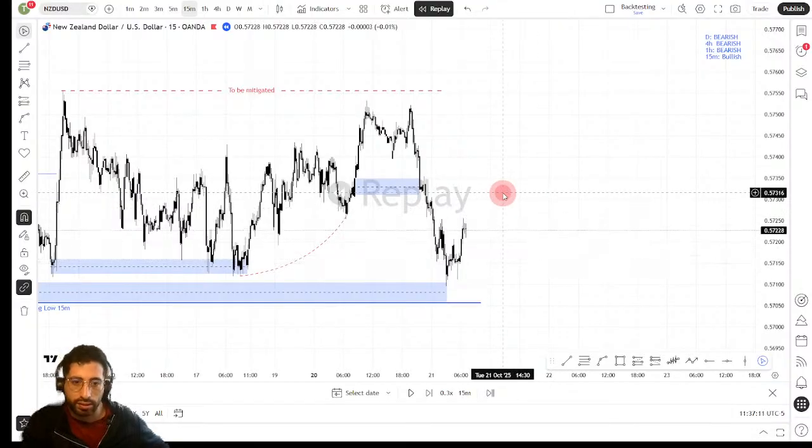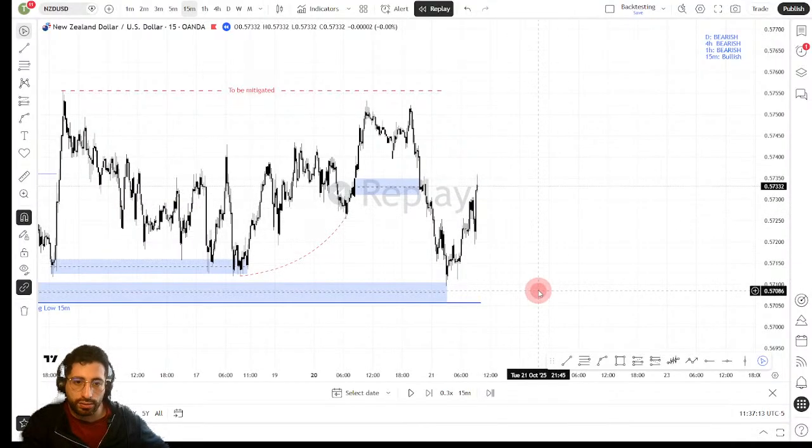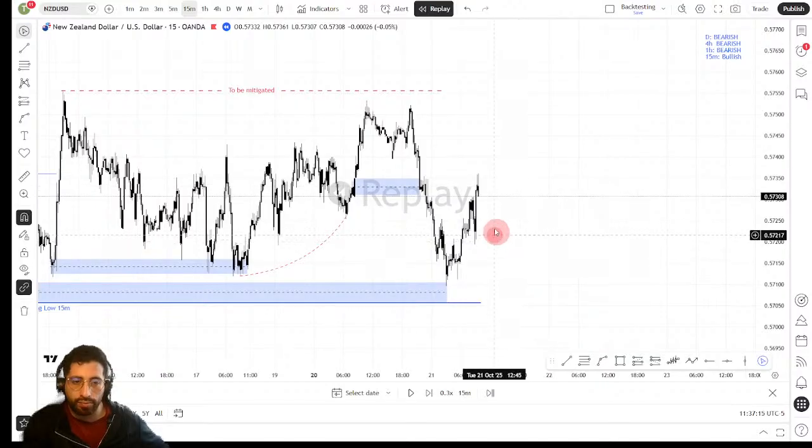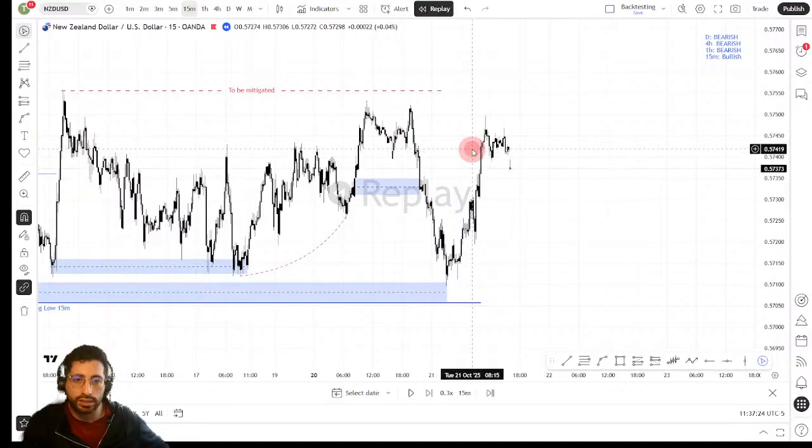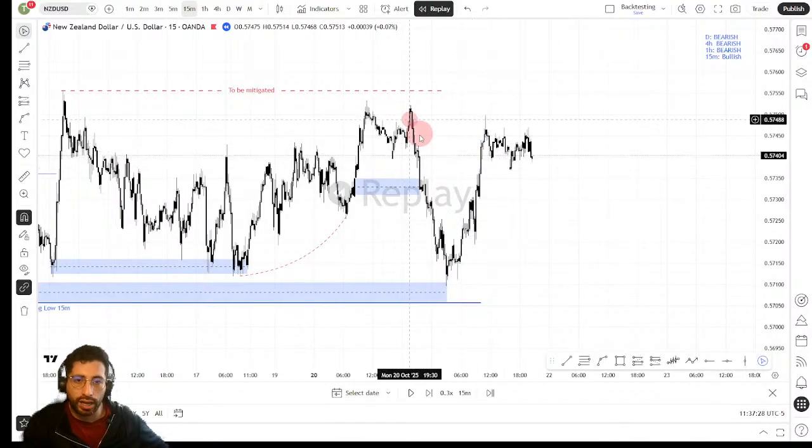So it entered. Okay, people still get biased by this impulse, so they start selling. And in a matter of minutes, even days, the price has taken out all the people who were selling here.